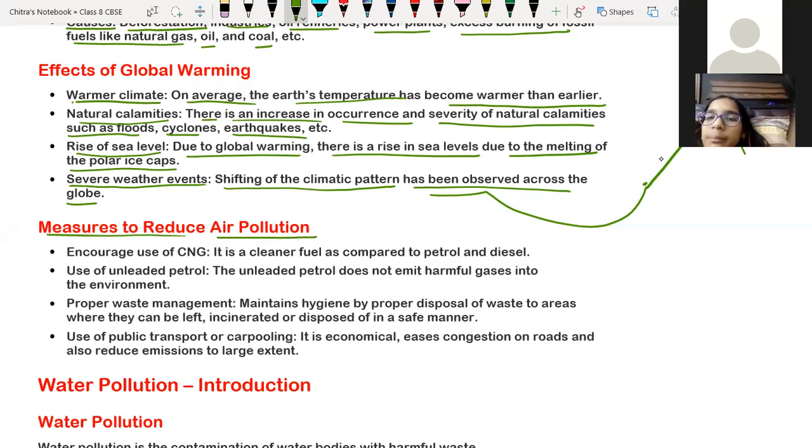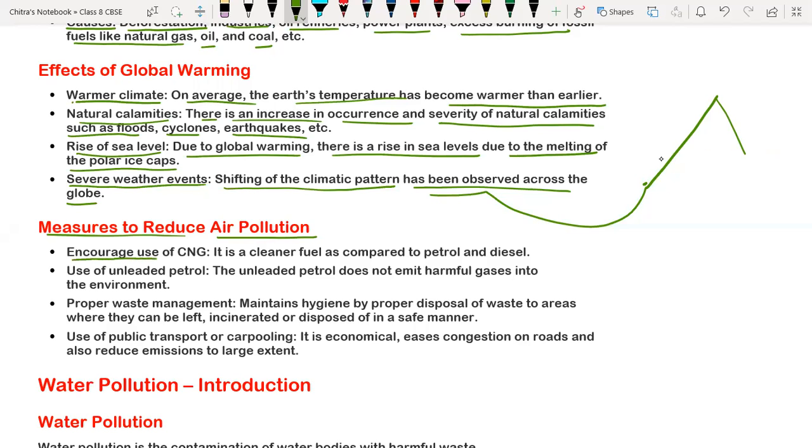We have to encourage the use of compressed natural gas instead of fossil fuels like petrol, diesel, oil, etc. It is a cleaner fuel compared to petrol and diesel. So we have to switch to compressed natural gas over petrol and diesel.